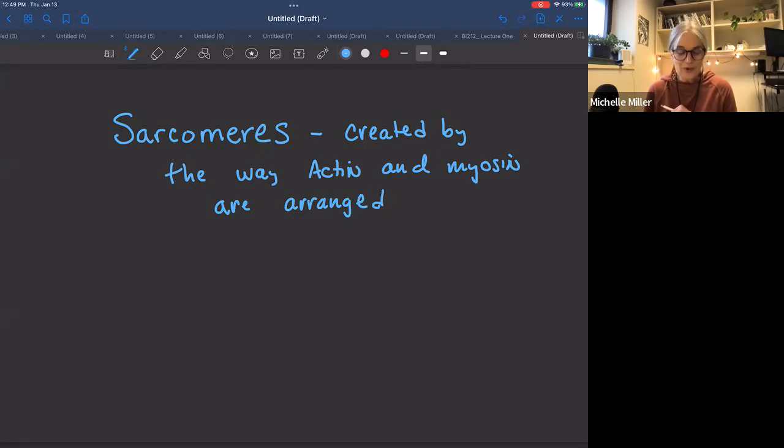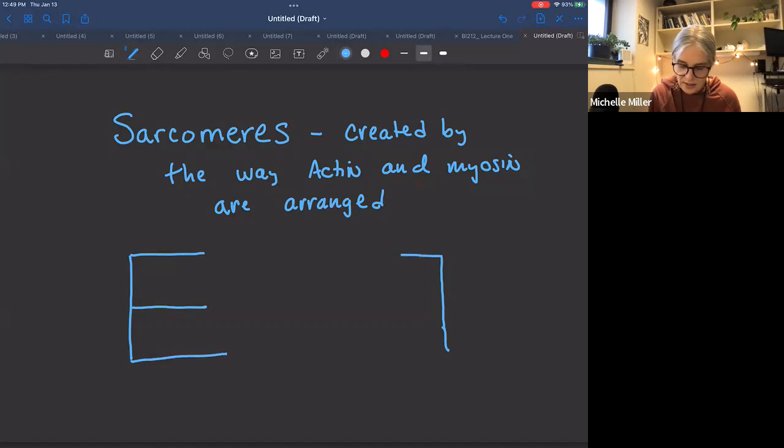Okay, so when we look at this arrangement, I'm going to draw it and then I'll show you a diagram. We have these ends to our sarcomere, and they are proteins, and we don't need to know their names, but it's called the Z disc. And then what we have are these thin filaments. So I'm going to draw my thin filaments coming out like this.